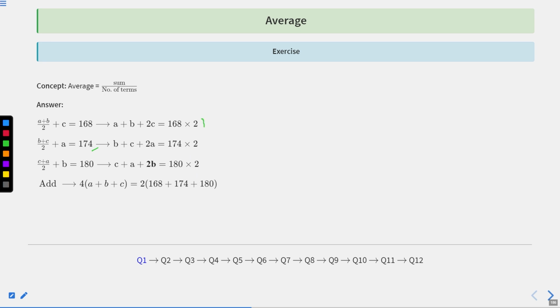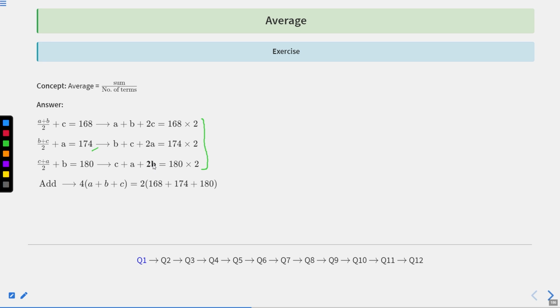Now I have these three equations, and I am interested in finding the average of a, b, c. To find the average, I need to know the sum of a, b, c first. One way is to solve these equations, since I have three variables and three equations.